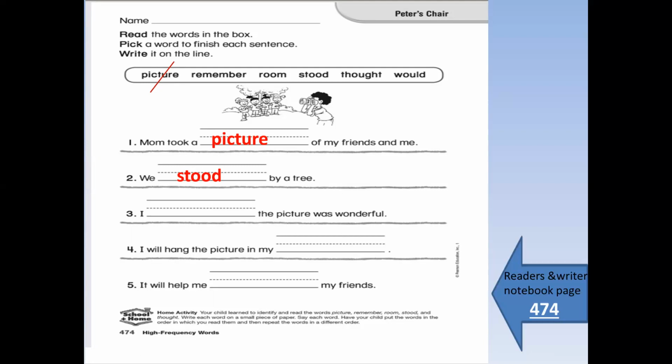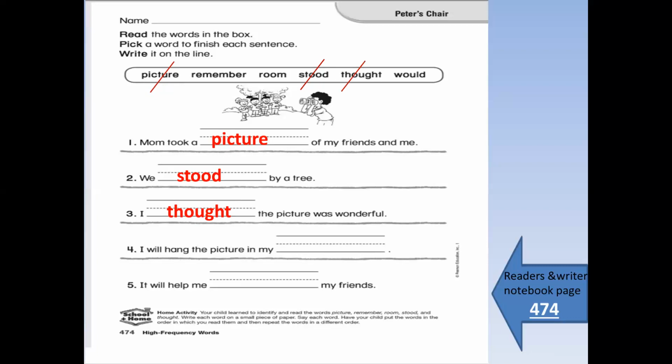Number 3. The picture was wonderful. Who can tell me? Great. I thought the picture was wonderful.